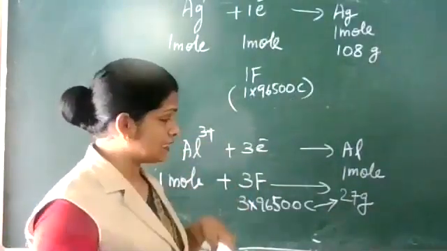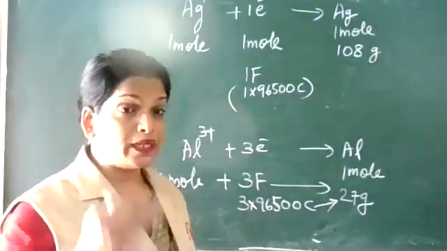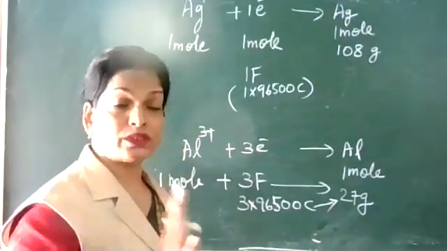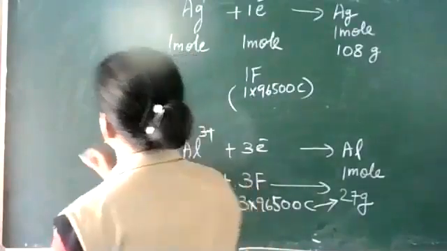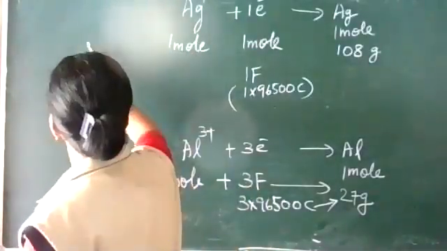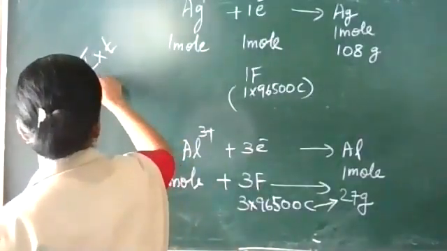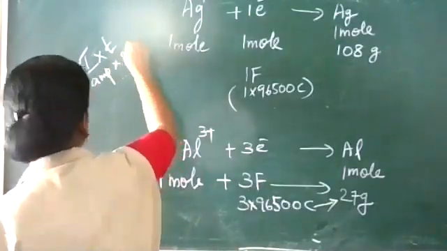Now this is the relation, but they can pass any quantity of electricity. How much they are passing through this electrolytic cell is given by Q equal to current in ampere times time in seconds.